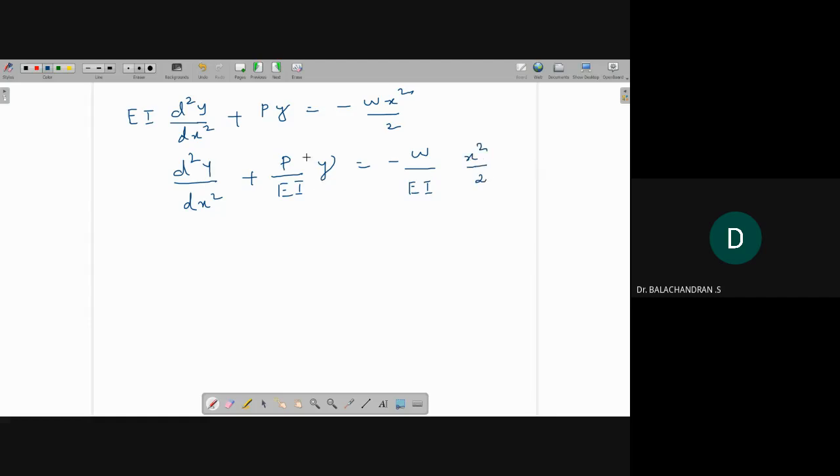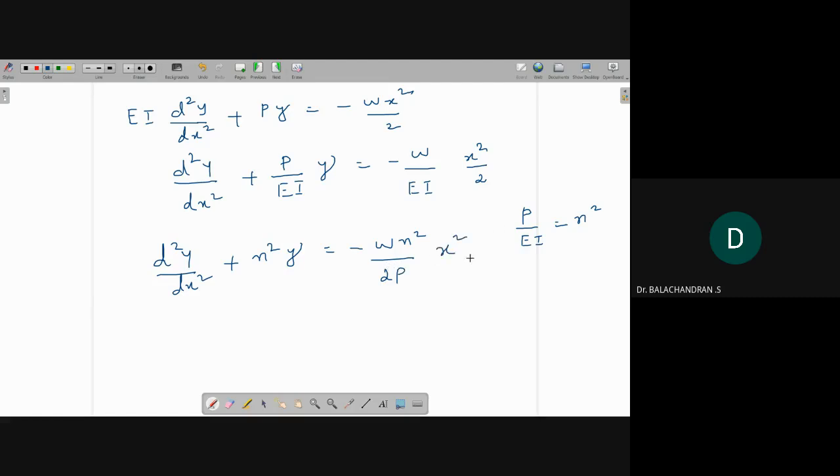So I will take P by EI equal to n square. So we have d square y by dx square plus n square into y equal to minus omega n square by 2P into x square. So please check it.